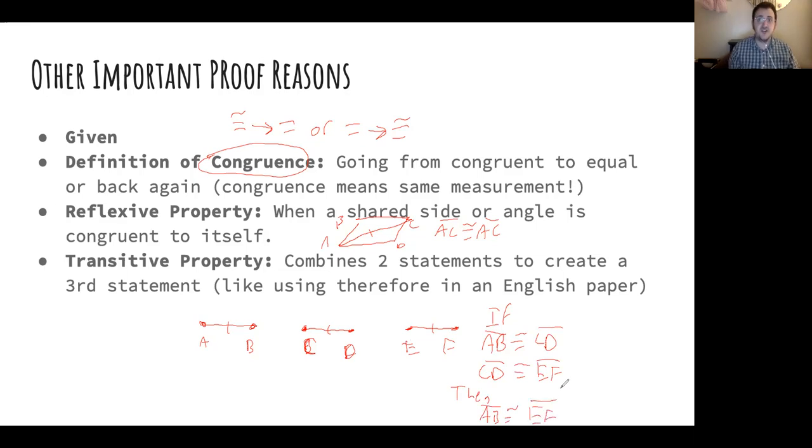All right, so the good news is these are most of the properties that are going to be used in your proofs. So the geometry basics, the properties of parallel lines, things like the 180-degree triangle theorem, and these common reasons. And if you know all of these vocab words, there's a pretty good chance that you're going to be passing geometry this semester.